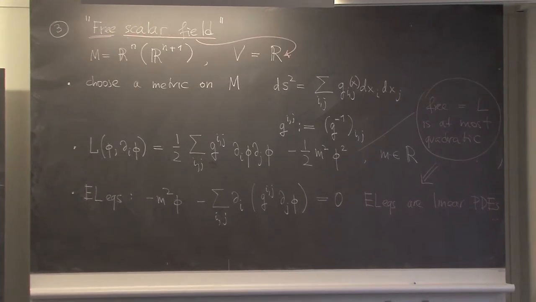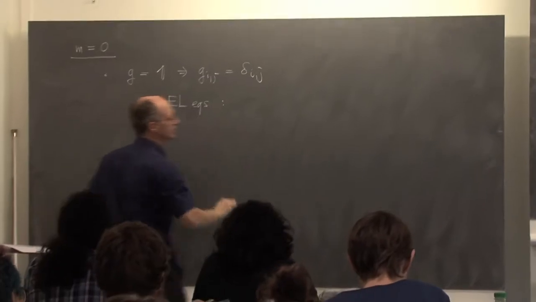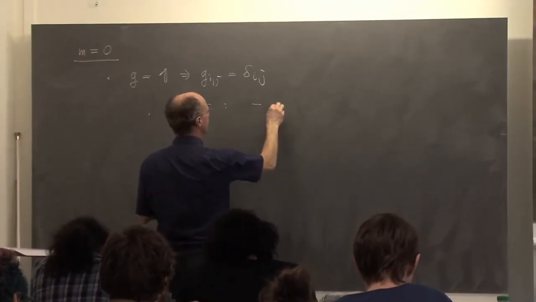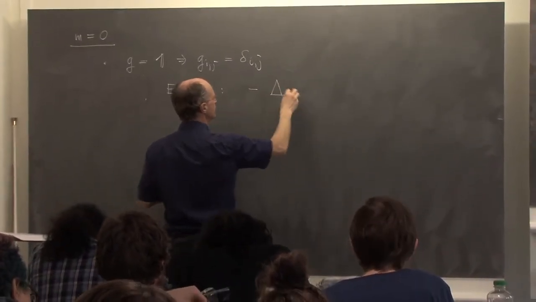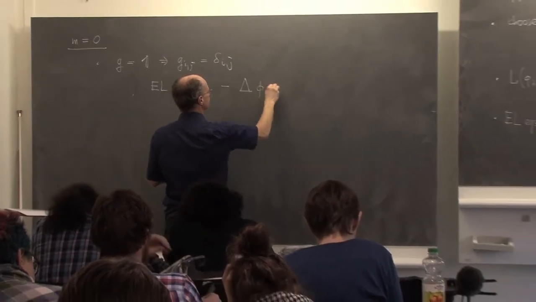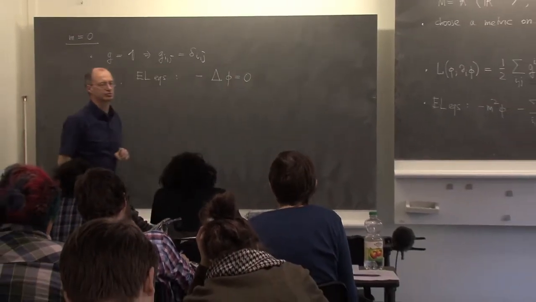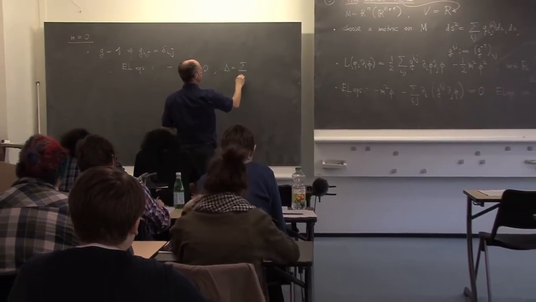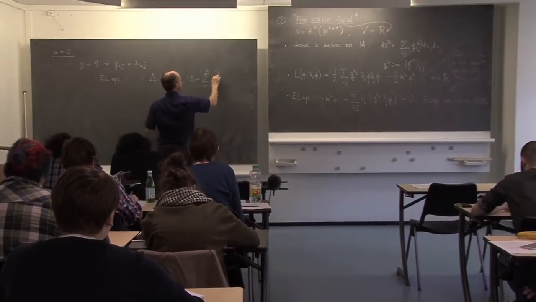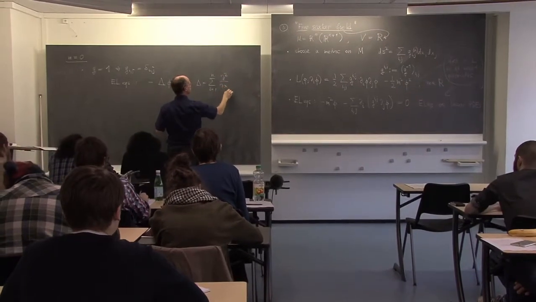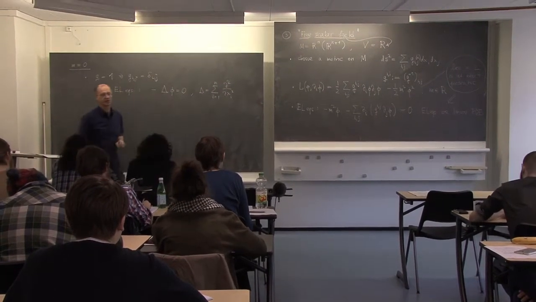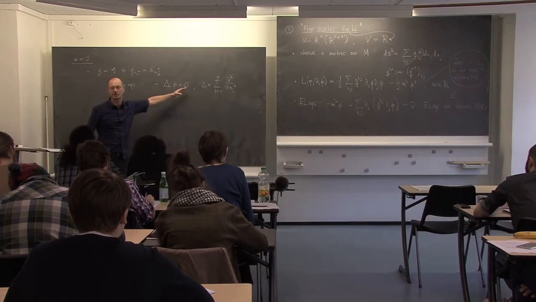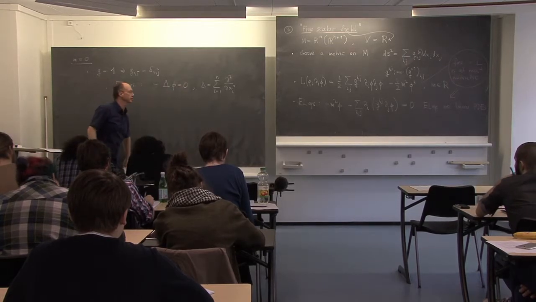So the Euler-Lagrange equations would read minus the Laplace operator of phi is equal to 0. Right. So we're getting our beloved Laplace equation as the Euler-Lagrange equation.